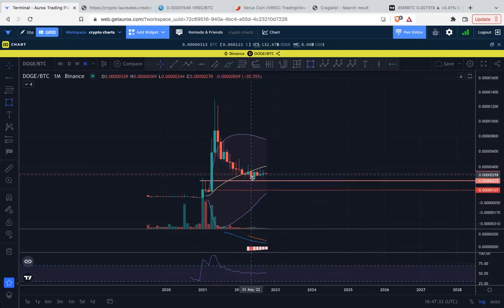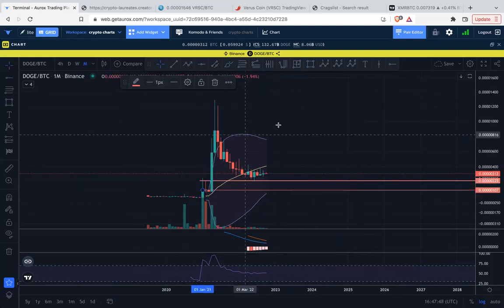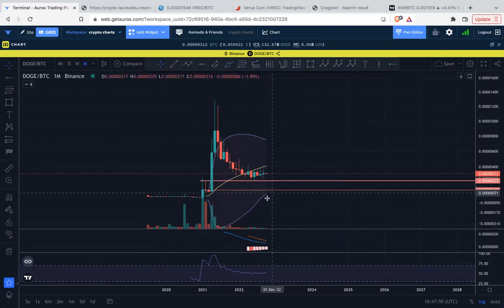And then it's really a zone with the bodies. If you're going to be breaking down, you're going to come to here. Here's your next level here. So it's a zone because it's just wicks, just up and down on the monthly. And at the lower end is this, a little lighter there, and that is also the lower end of the Bollinger Band. So expect the price to come down towards this level.